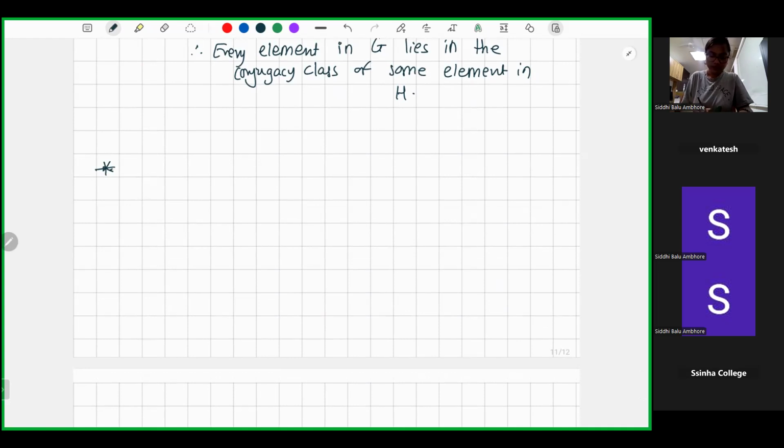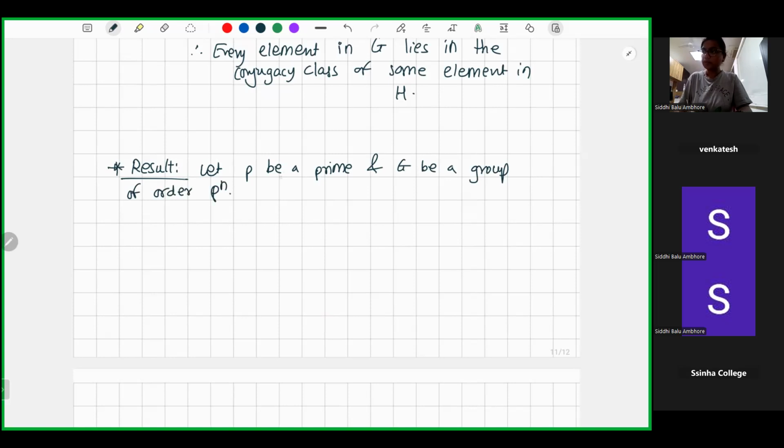This is actually a result which you can understand, which I was saying again and again. Let p be a prime and G be a group of order p power n for n greater than or equal to 1.